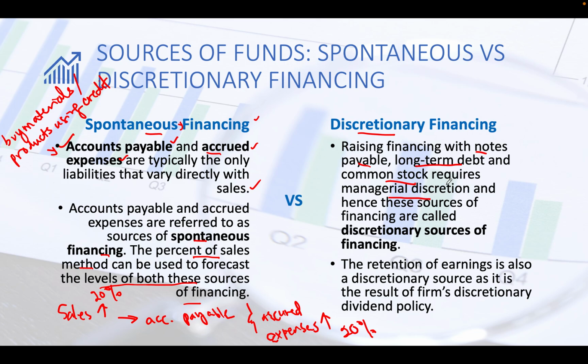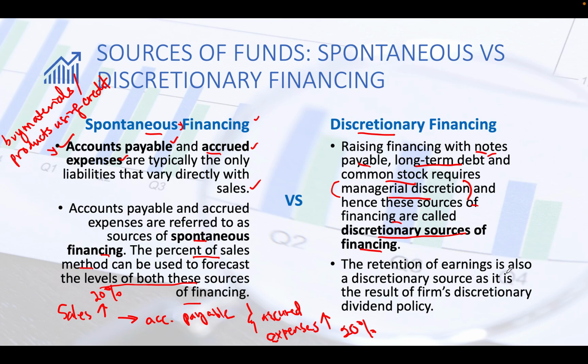What I mean is that hutang-hutang yang besar ni, finance manager dia tak boleh ambil keputusan right away. He needs to ask the shareholders. Biasanya shareholders is more than one. So it requires some managerial discretion, and hence these sources of financing are called discretionary sources of financing.